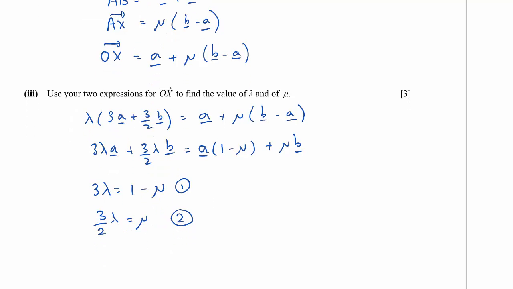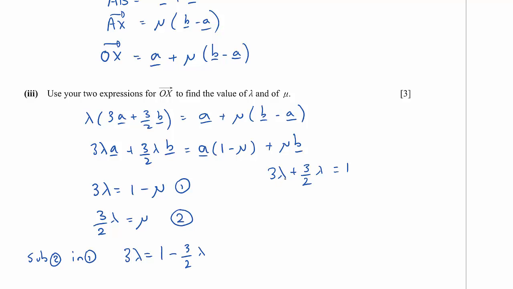And then we'll sub 2 in 1, and we'll have 3 lambda is equal to 1 take away 3 over 2 lambda. So 3 lambda plus 3 over 2 lambda equals 1.